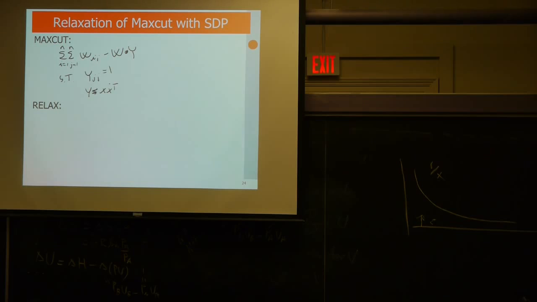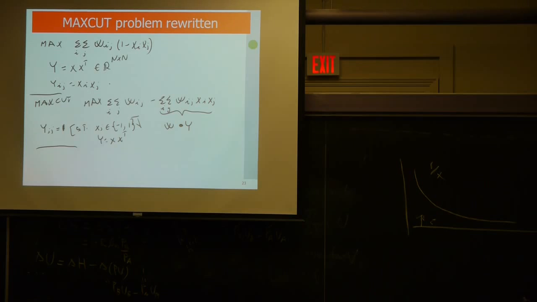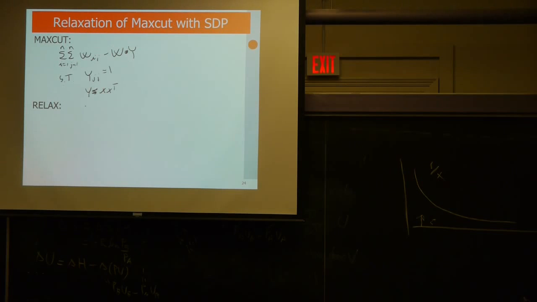Is this still the exact problem? Because I can imagine there will be other x's that would lead to the constraint. So it's still the same, right? Because of this: if Y is x times x transposed, and its diagonal is all ones, it's a rank 1 matrix with all ones diagonal.